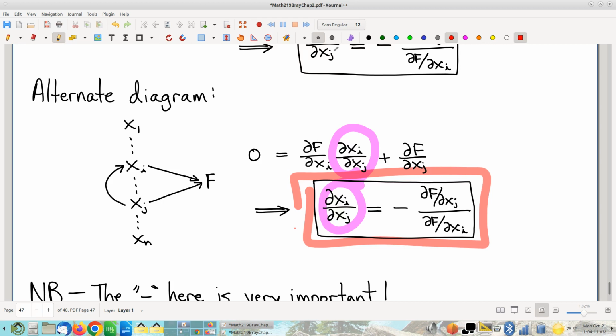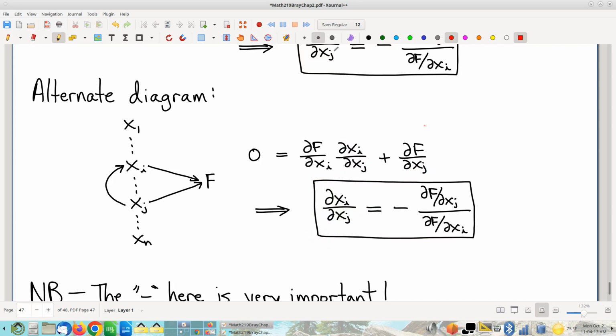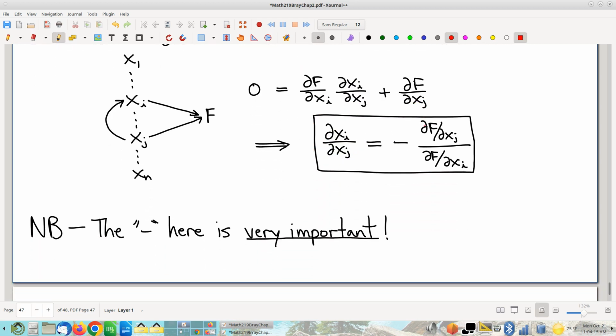All right, now do notice, very importantly, and this is huge. This is huge. So many students get stung by the following. This minus sign right here. Pretty counterintuitive, especially if you rely on inappropriate interpretations of the notation.